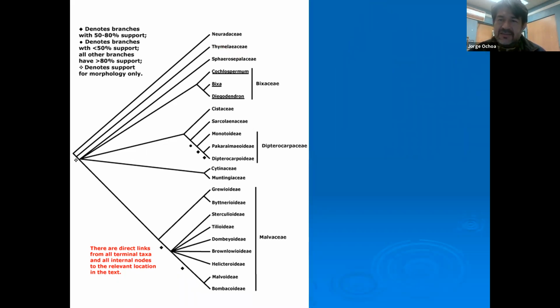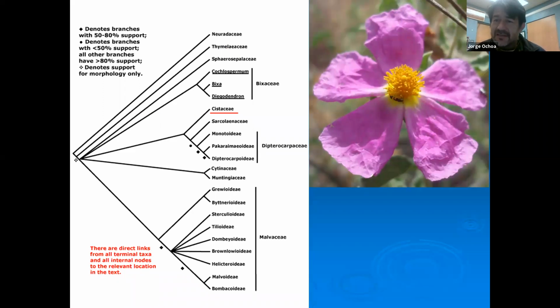Then we have the Cistaceae, the rock rose family, represented by the rock rose that we'll see later on as the semester progresses. That is a very common ornamental. Notice there are five petals, a lot of stamens, and one stigma associated with this flower.